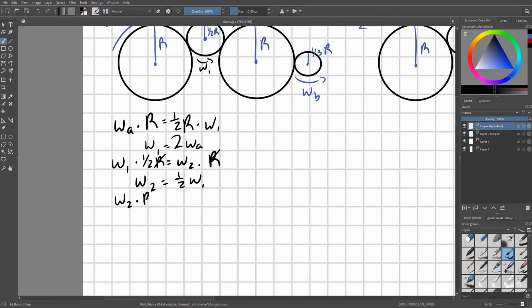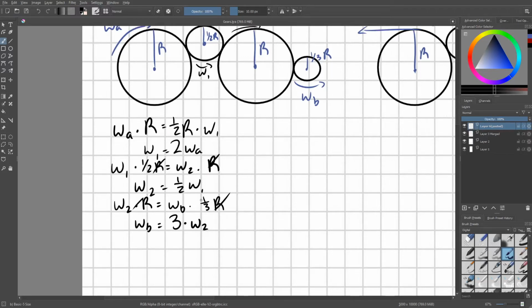Omega 2 times R equals omega B times 1/3 R. Get that omega B equals 3 times omega 2.